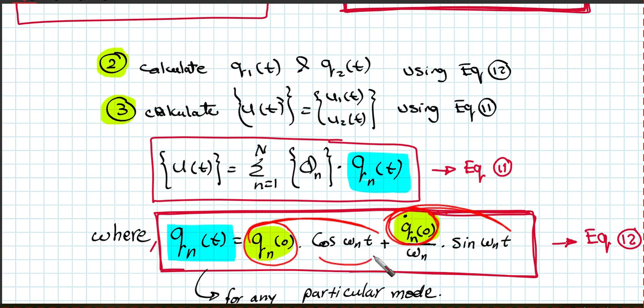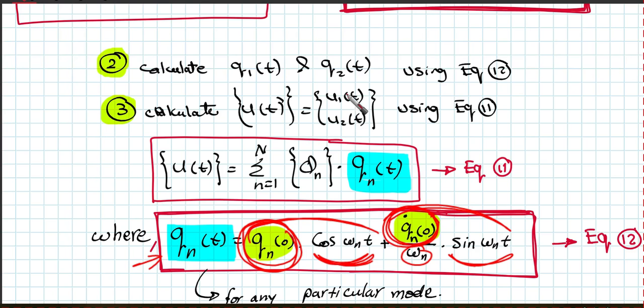The first term is cosine omega n t, the second term is sine omega n t, and do not forget that we are dividing by omega n. This is the contribution of the initial displacement vector and the initial velocity vector through the first mode or the second mode to the total response that we are going to have.